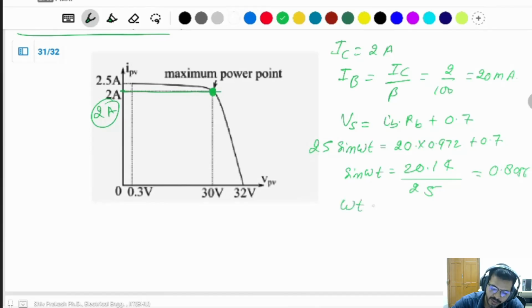Then omega t, the same as the angle, you can take as alpha or anything. Sine inverse of this one gives 53.66 degree.